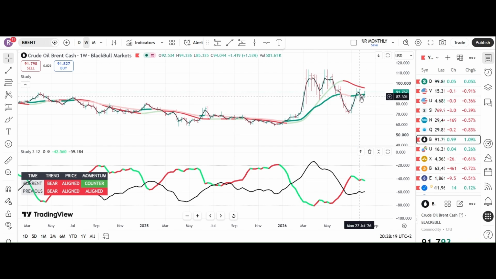And this is what we see here, that little V here in the black line. And we see here also momentum turning green. Moving now towards that moving average and closed above this average.